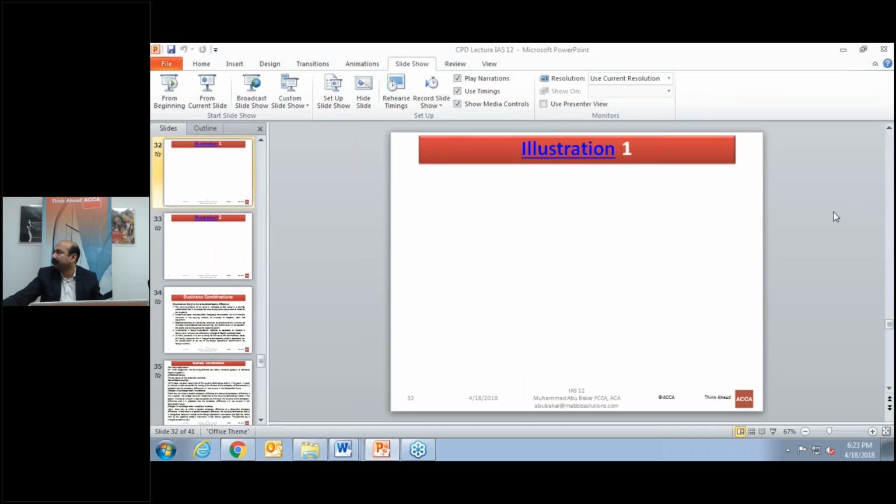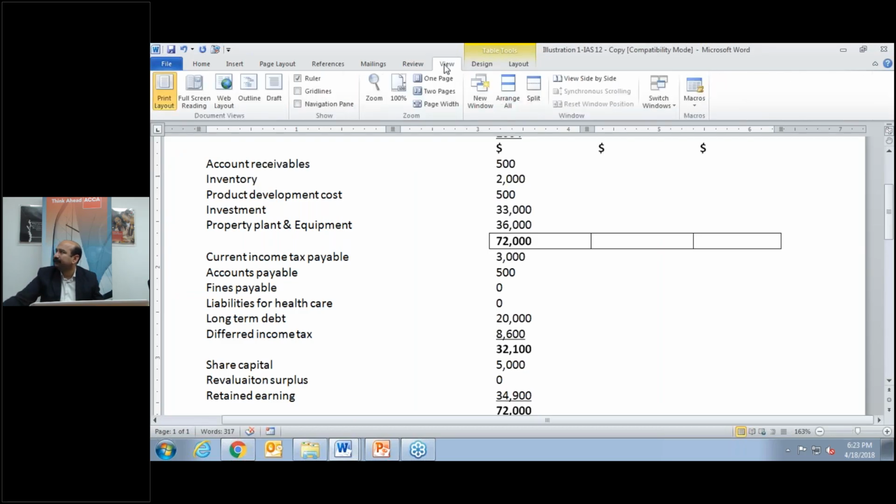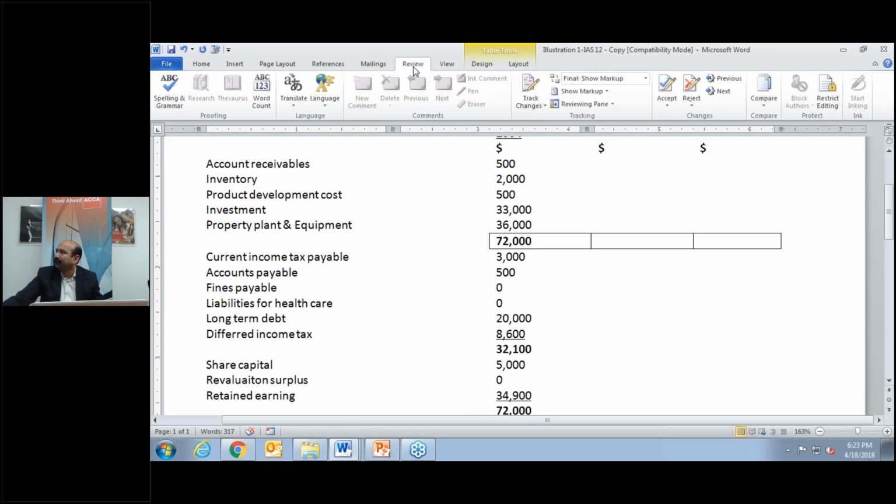If I use a pen over here, I can write something, but if I move out of this mode, then I can come over here and try to open this view, but it is not allowing.